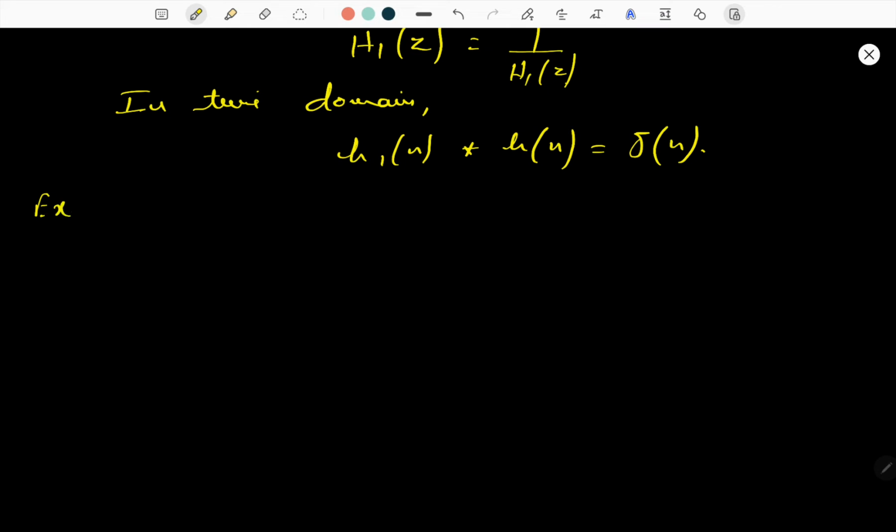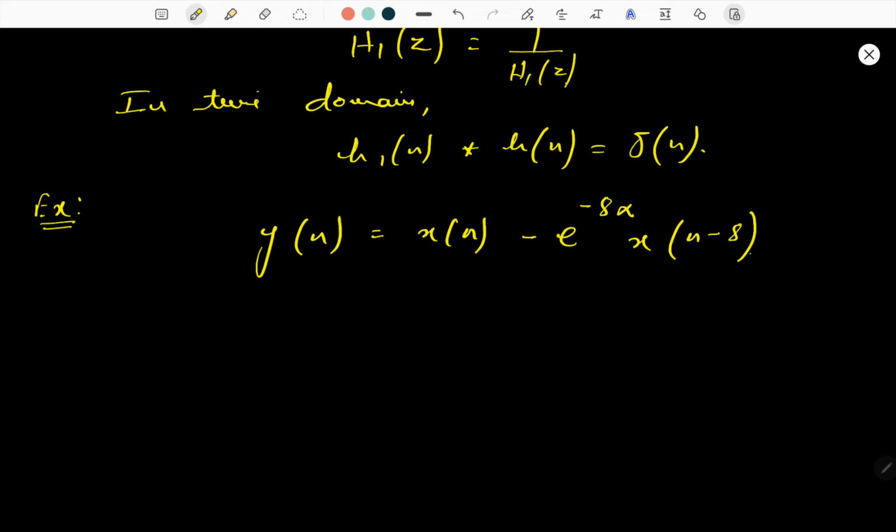Let's take one example. The system is described by the difference equation y(n) = x(n) - e^(-8 alpha) x(n-8), where alpha is a constant greater than 0.